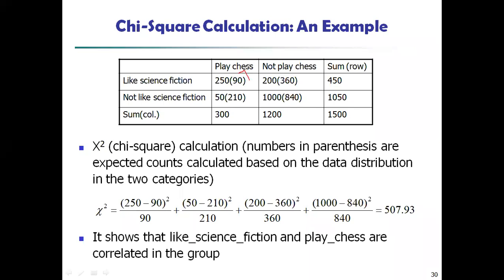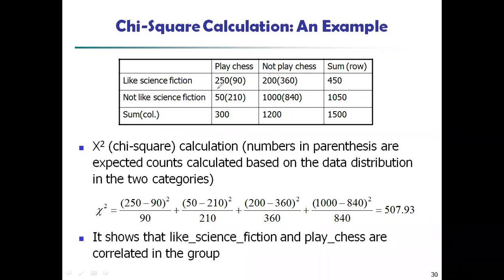Here, play chess is attribute A and not play chess is attribute B. For each, we have two values, one observed and one expected. Observed is 250 and expected is 90.